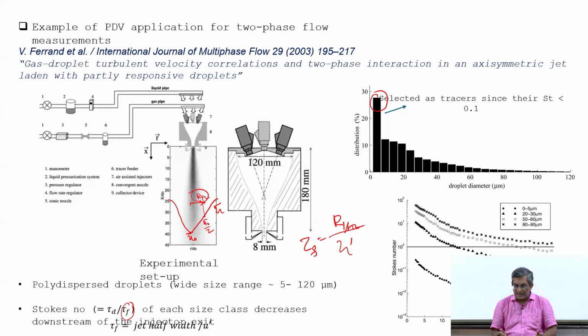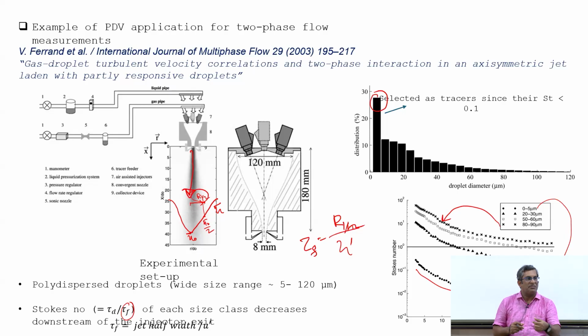And now what is interesting here is that you see that the Stokes number obviously increases with particle size. So this one corresponds to this, and the largest size class corresponds to this, as expected. As you increase particle size, Stokes number will increase. But also the Stokes number reduces as you move downstream.